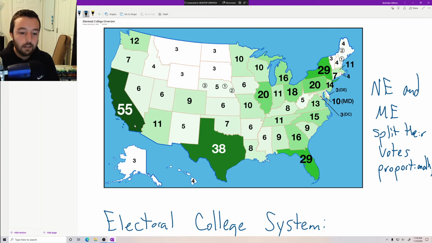So you get an electoral college vote for every person you have in the House of Representatives plus your senators. But the difference is everybody has 2 senators, and everybody has at least 1 person in the House. So that's why the least amount of votes you could have is 3. Okay.